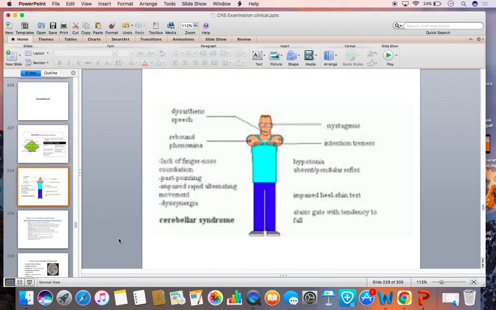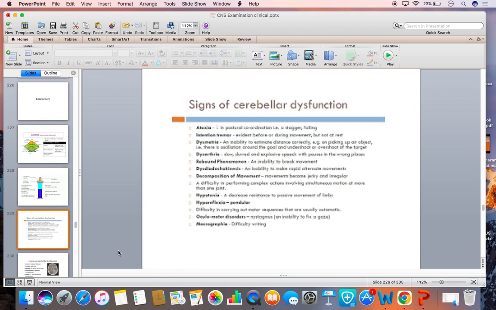This picture shows some of the clinical manifestations of cerebellar dysfunction, like dysarthria of the speech, rebound phenomena, nystagmus, intentional tremor, etc. And this slide also shows a few clinical signs of cerebellar dysfunction, like ataxia, inability to walk properly, intentional tremor, dysmetria, hypotonia, pendular knee jerk, etc.